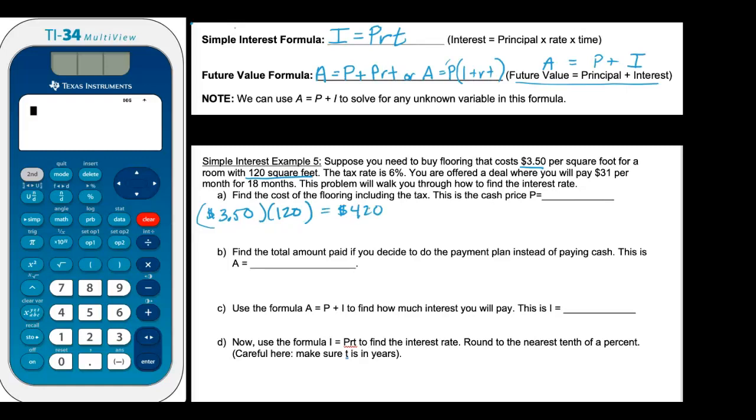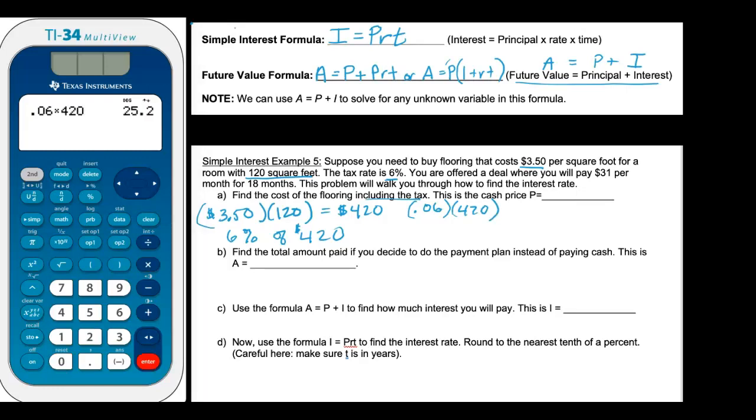But this doesn't include tax, and it asks us to find the cost including the tax. The tax rate is 6%, so we need to find 6% of $420. Of in math, we write a times symbol, and 6% is 0.06. So 0.06 times 420 will give us our tax.